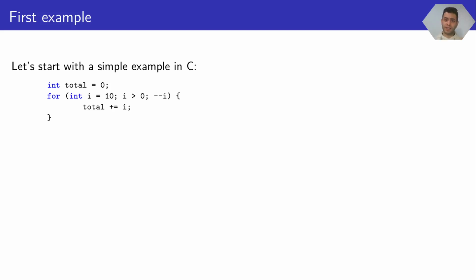So what we're going to see here is a possible translation of this source code. In a few words, we are setting the total variable to 0, then the a variable to 10, and we are iterating this loop while a is greater than 0, adding the value of a to total on each step and decrementing a on each step.